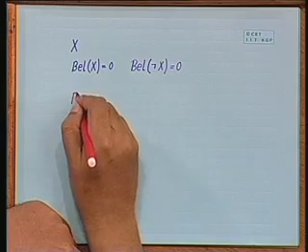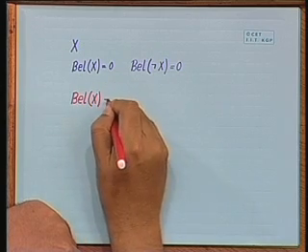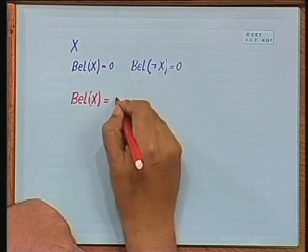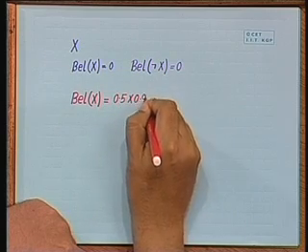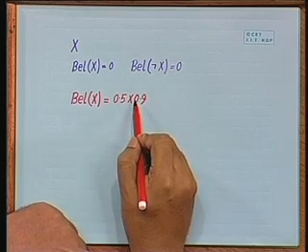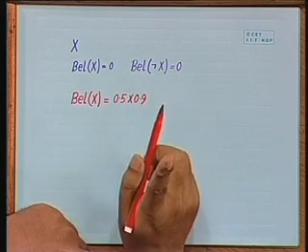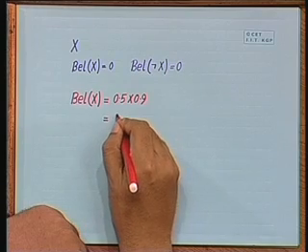Then I will say that the belief that it will be heads is 0.5 into 0.9. 0.9 is the certainty of the rule and 0.5 is the probability that I have heads, because he is saying it is fair. So, the probability of heads, if it is fair, is 0.5. This gives me 0.45.